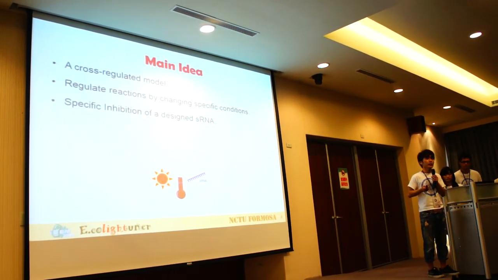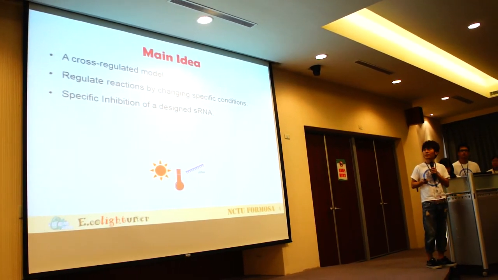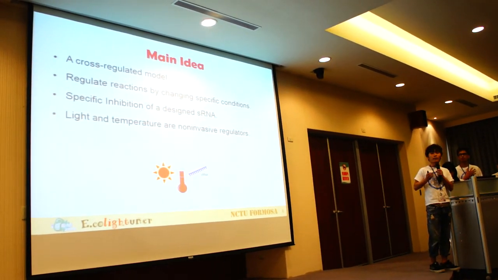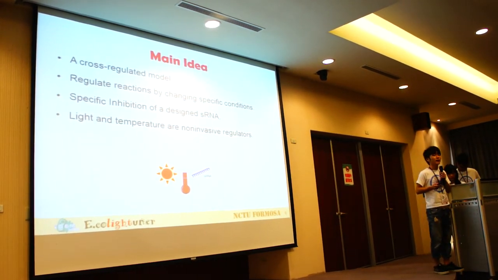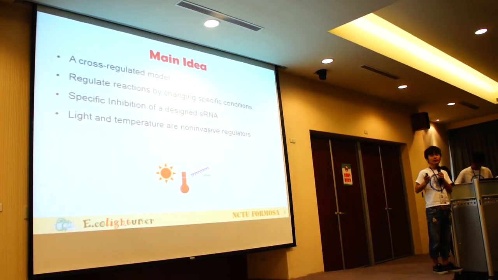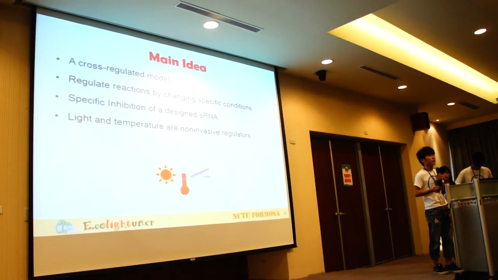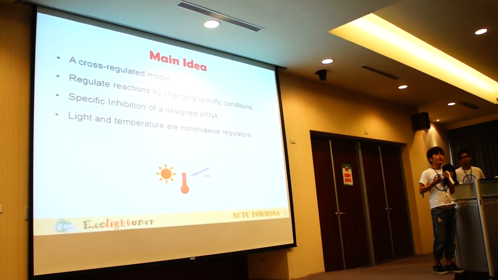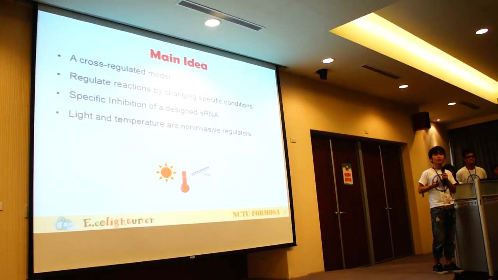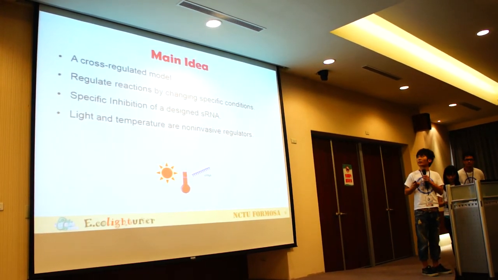We also use the sRNA inhibiting systems to turn off the unnecessary reactions. So, by using these non-invasive regulators, we hope that this regulating system could be used in any applications that require specific control. And we intend to make the bacteria-engineered machine have a more accurate effect. So now, let's talk about our regulators.